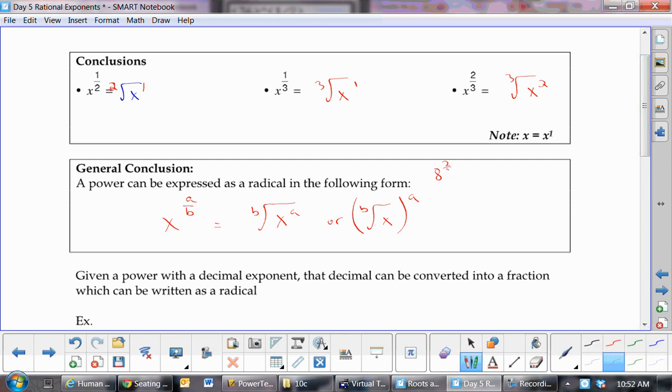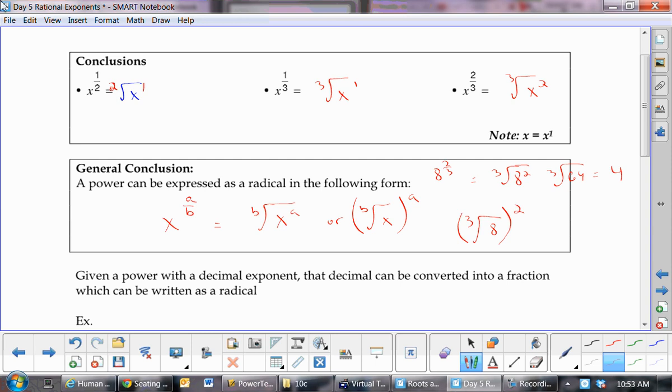So this is the same thing as cube root of 8 squared. So that's the cube root of 64, which is 4. But what if we did the cube root of 8, squared?